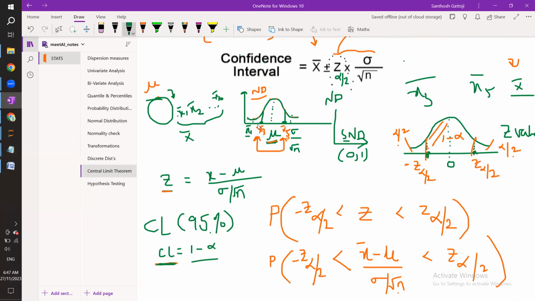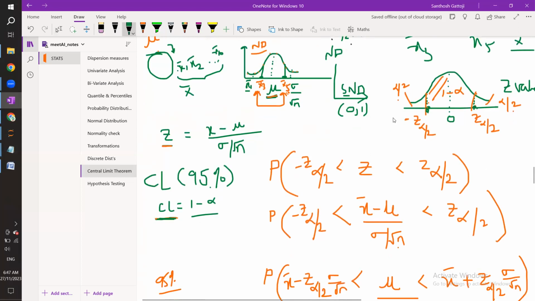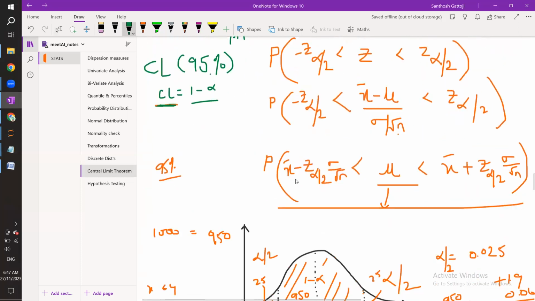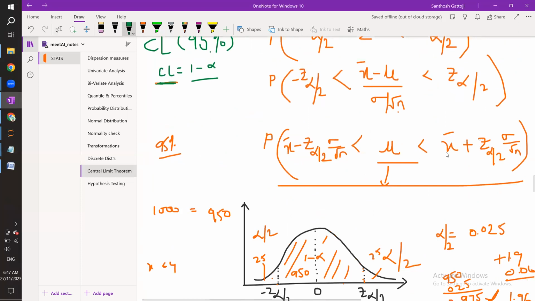Instead of finding in which particular x bar our required mu is falling, we converted to z values. So mu will be falling in between x bar plus or minus z alpha by 2 rho by square root of n.